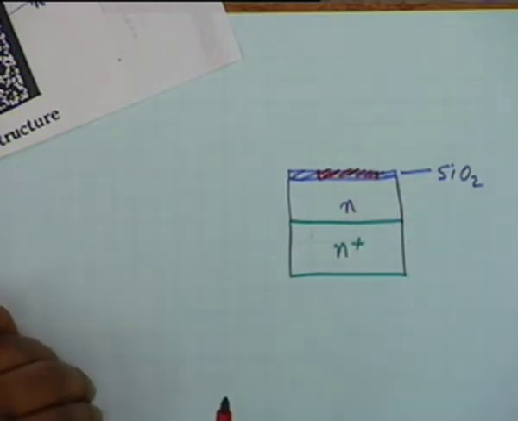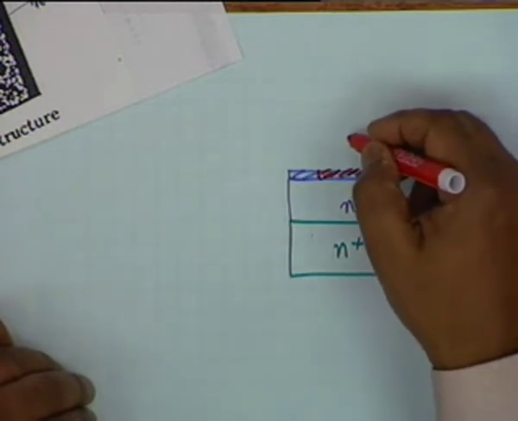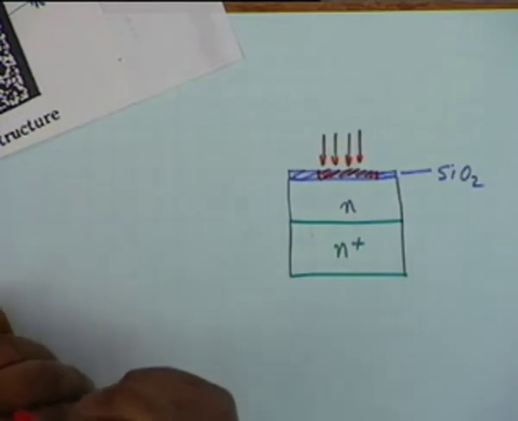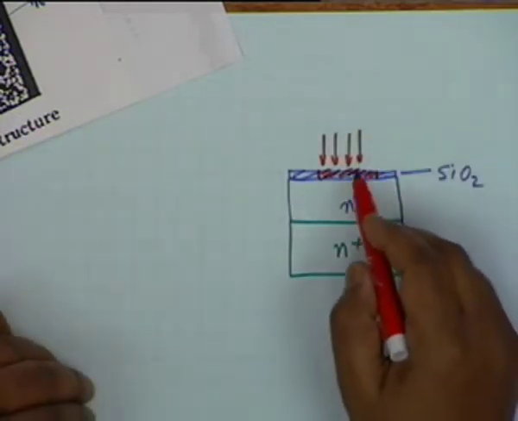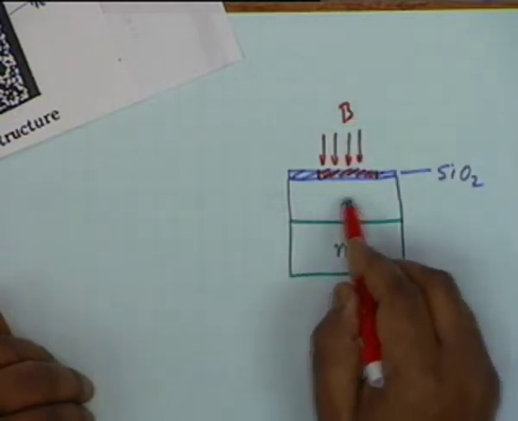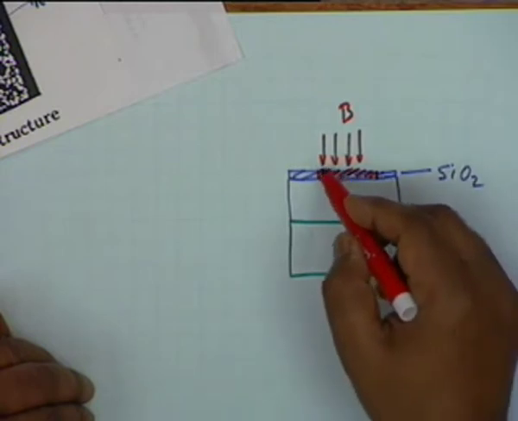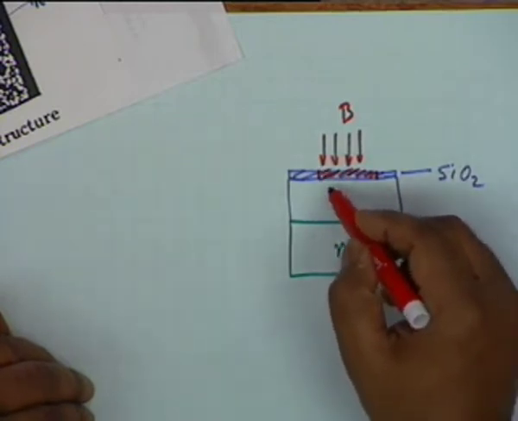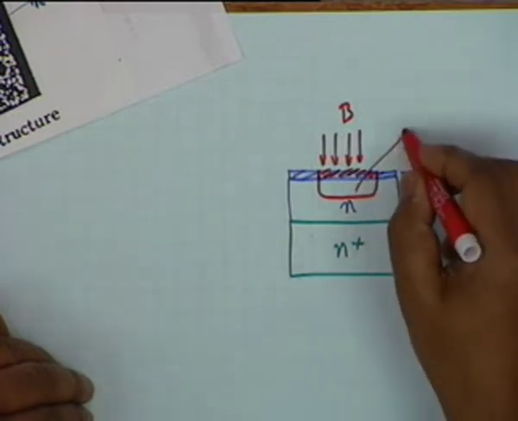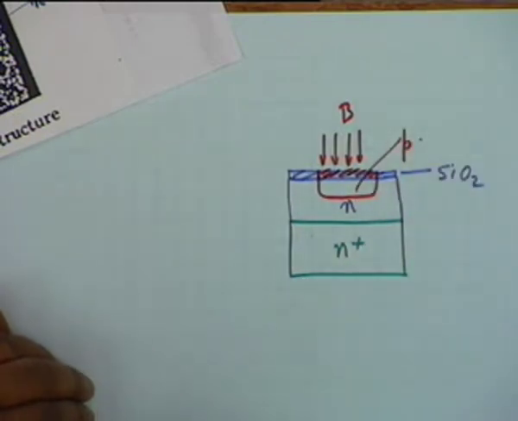The silicon dioxide disappears, and you allow a gas of, let us say, boron to pass. Then this boron will not affect this portion of the N type region. What it will do is it will diffuse inside the N region and create what? A P region, all right.